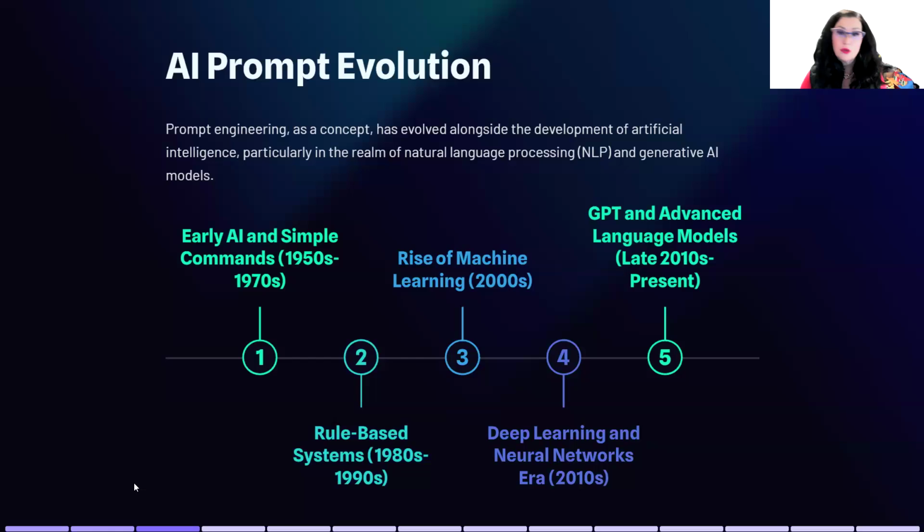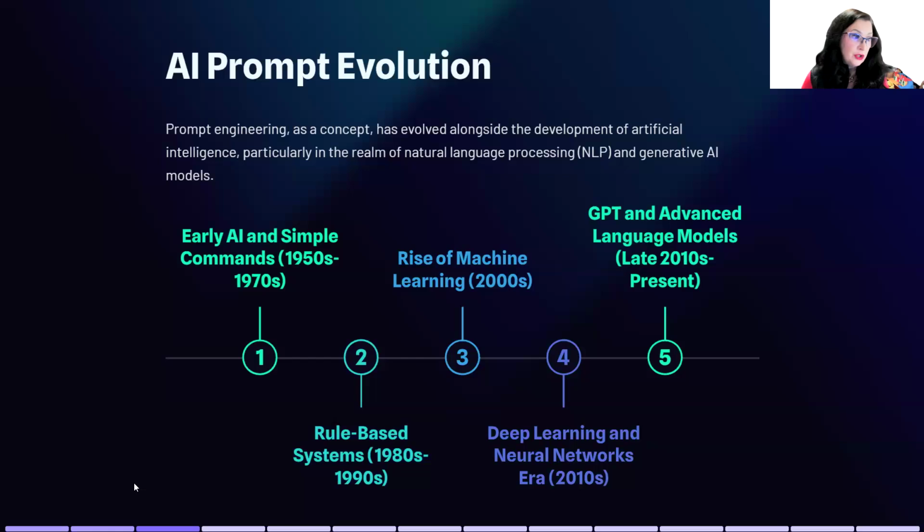So I wanted to show you a little timeline of prompt evolution, if you want to call it that. This has been going on since the 1950s to the 1970s, so this is not something new. If you're curious about any of this, by all means, use ChatGPT and do a little research. Then there are rule-based systems that started in the 1980s and 1990s.